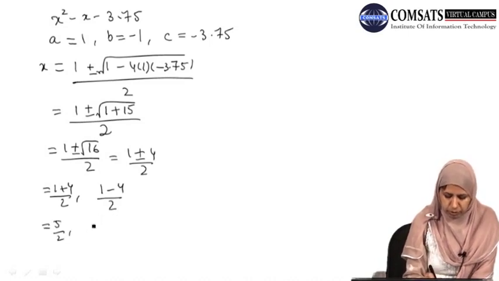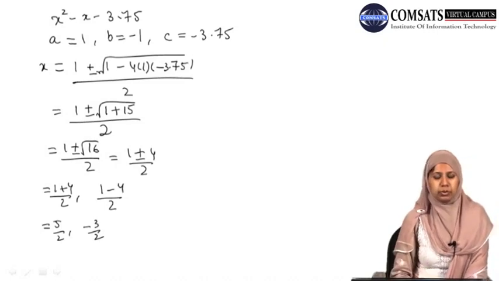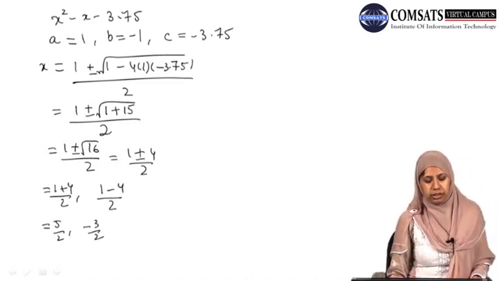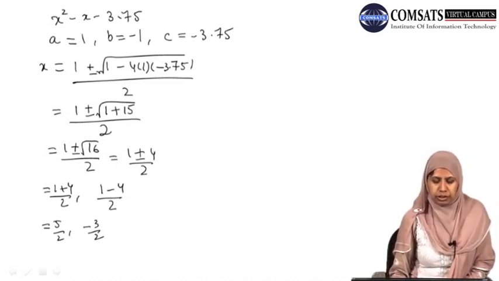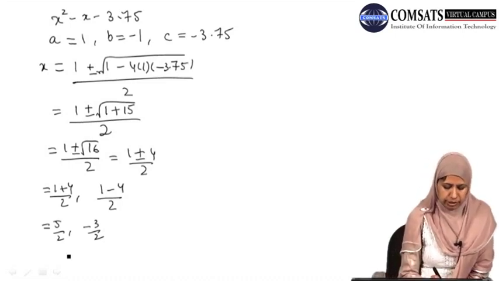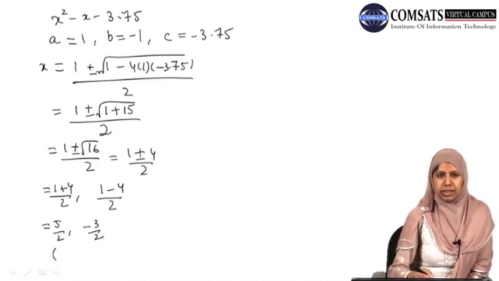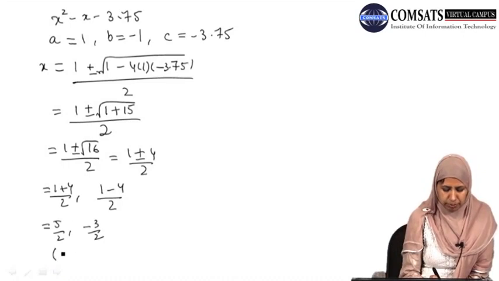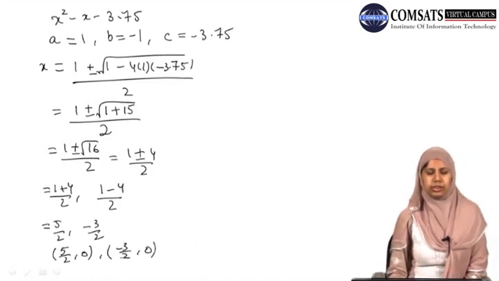So 5 by 2 and minus 3 by 2 are the two roots of our given quadratic equation, and the x-intercepts in this case are two, namely (5 by 2, 0) and (minus 3 by 2, 0).